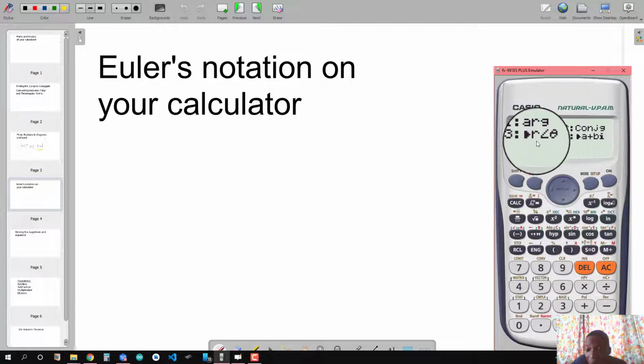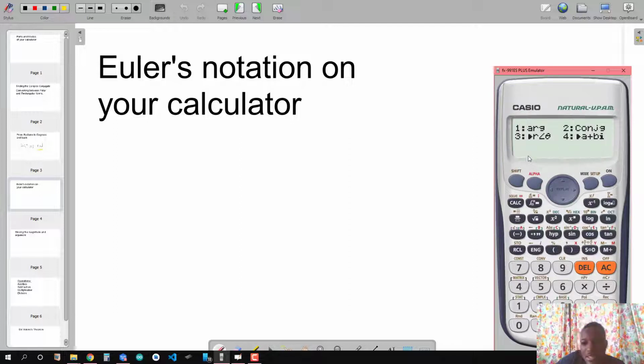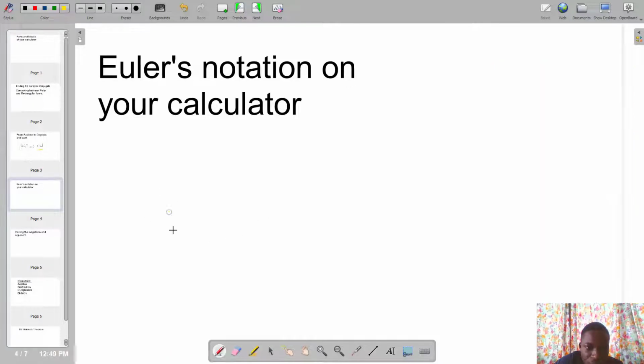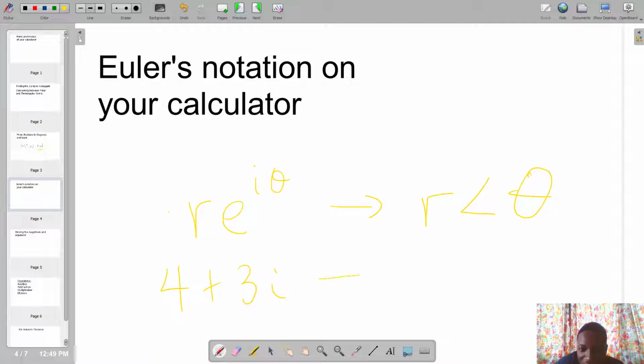So this magnitude angle is in some sense also Euler's notation, because in Euler's notation we have our magnitude, e, i, and then our angle, which is the same as what the calculator gives us, our magnitude and then our angle. So to convert 4 plus 3i into Euler, we just convert it into the calculator's notation of Euler, and it's going to give us 5 angle.